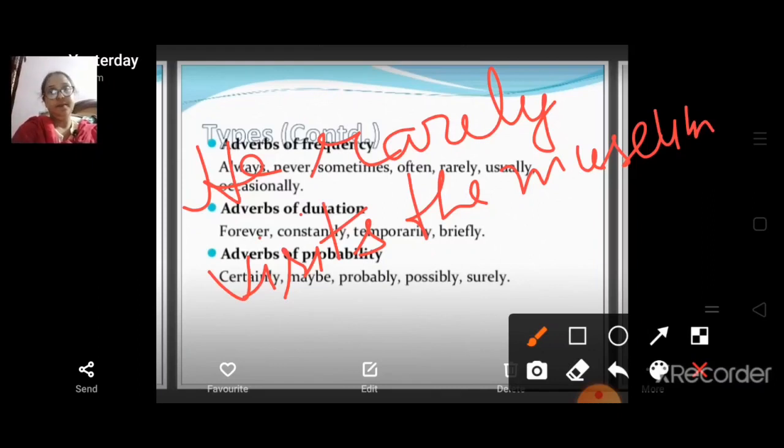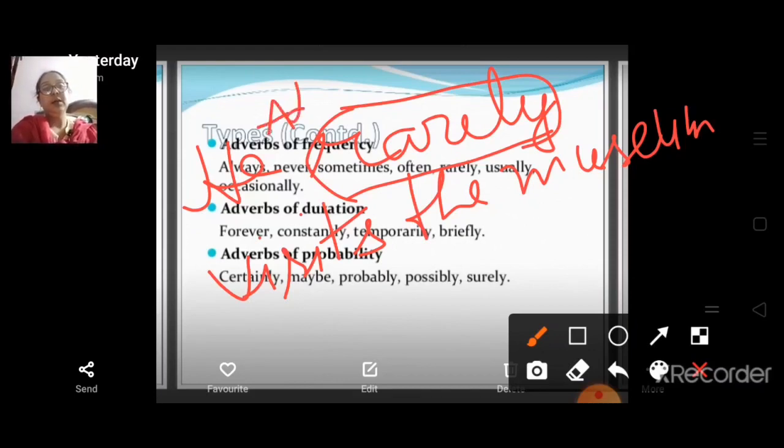Rarely. How often does he visit? The answer is rarely. Rarely is a word which indicates how often this action was done. So, he rarely visits the museum. This is the adverb of frequency, and this is the main verb.